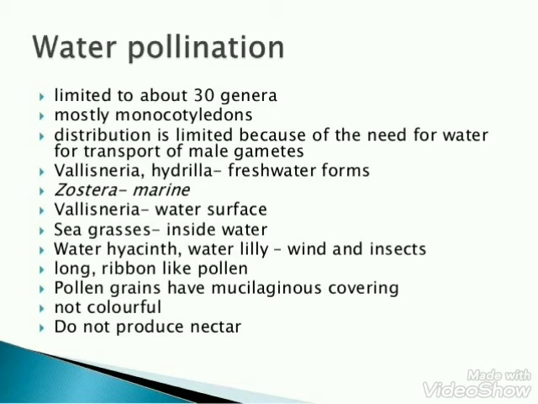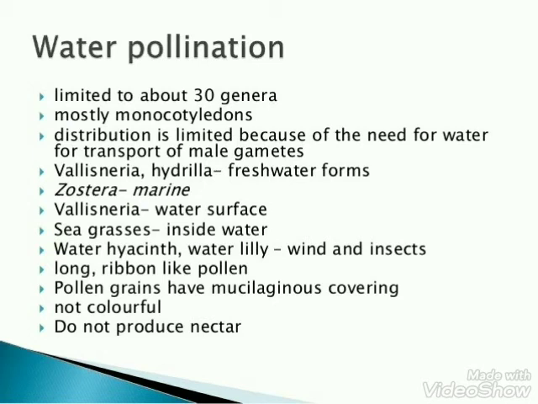Vallisneria and Hydrilla are submerged water hydrophytes in which hydrophily is observed. In sea grasses, female flowers are submerged in water to receive pollen grains for pollination inside water. Pollens are long, needle-like and are carried passively by water. Zostera is a marine angiosperm in which hydrophily is observed.